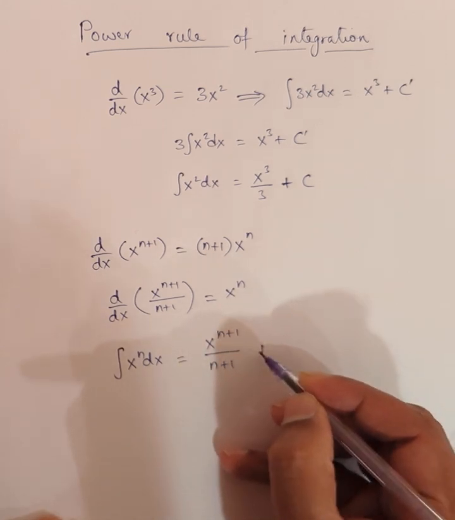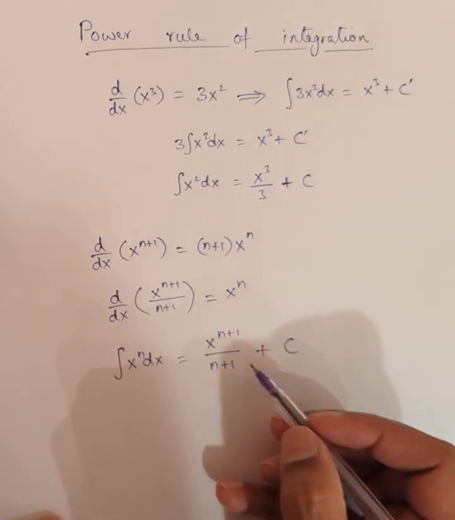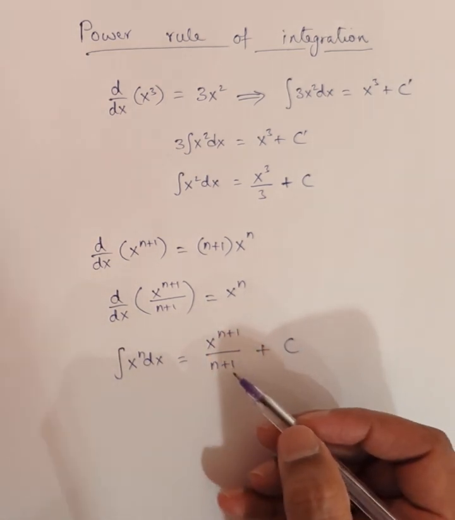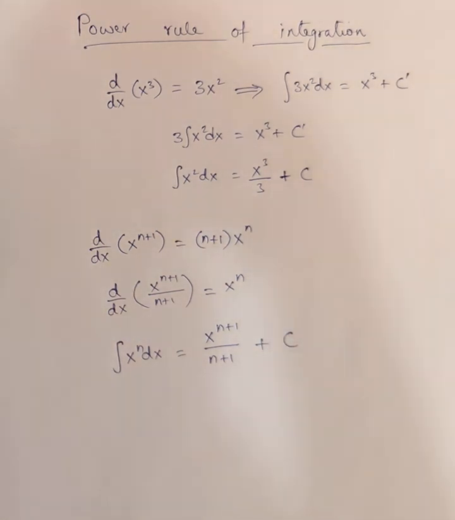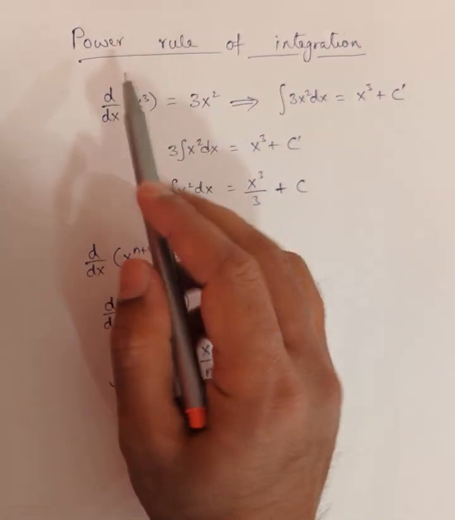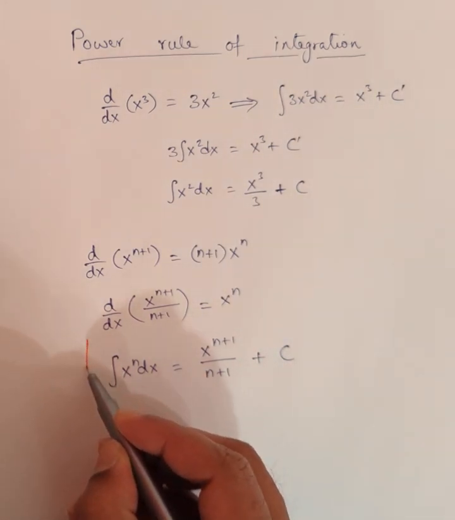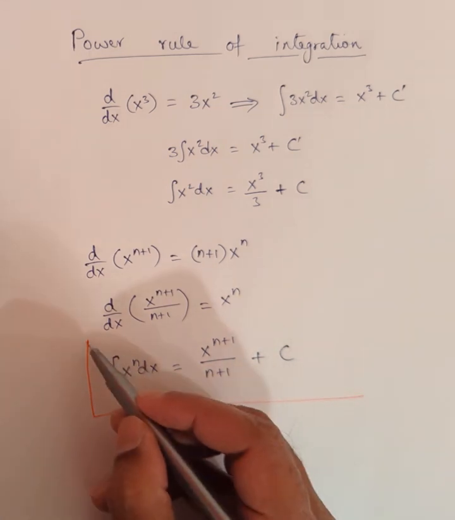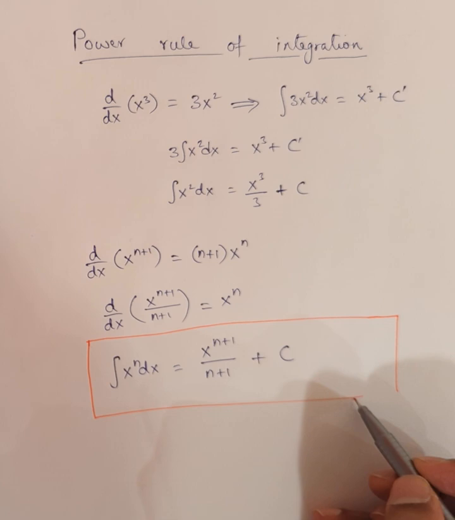And be sure to add the constant of integration, because you're not going to get just one function but a family of functions. Now here is what I want to say is the power rule of integration. Whenever you integrate x to the n, you're going to get x to the n plus 1 over n plus 1, plus c.